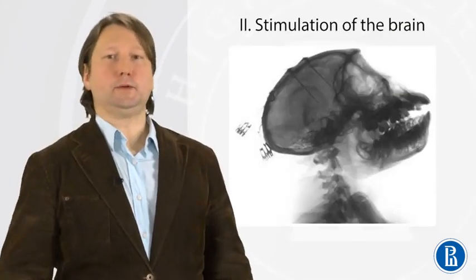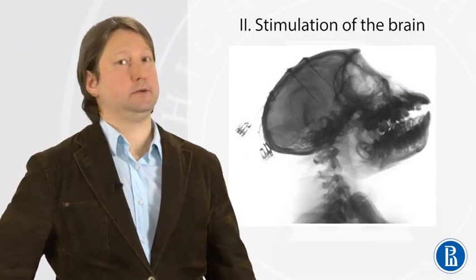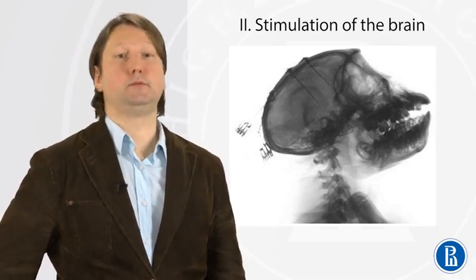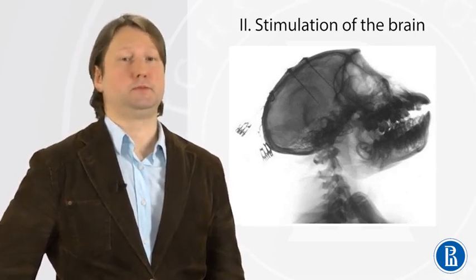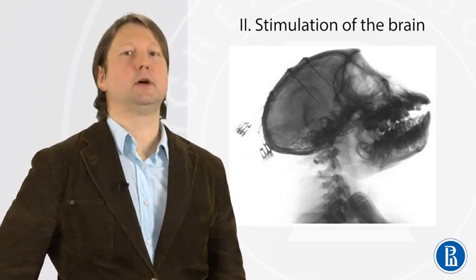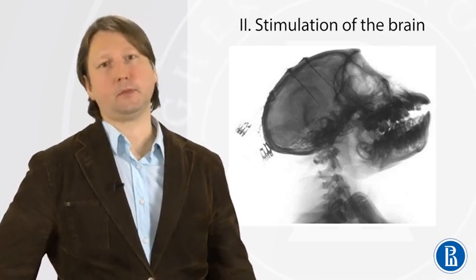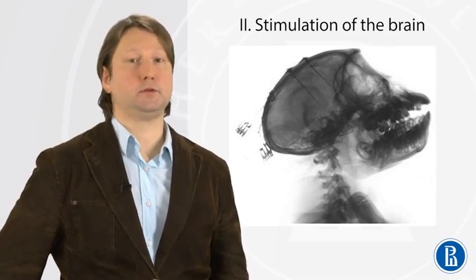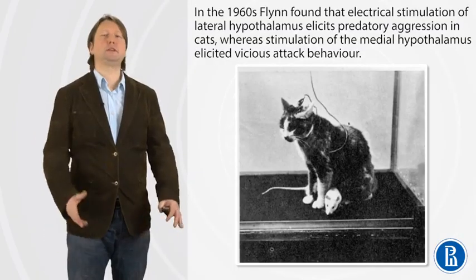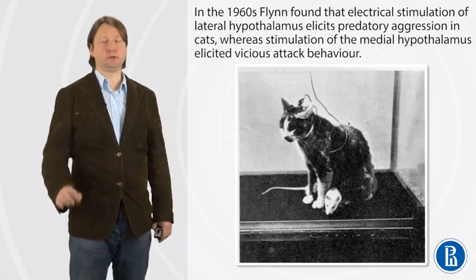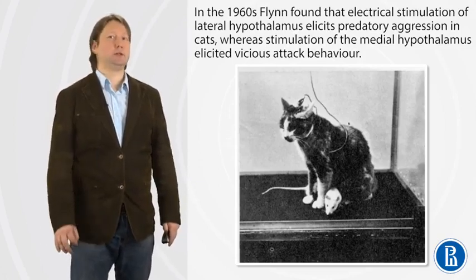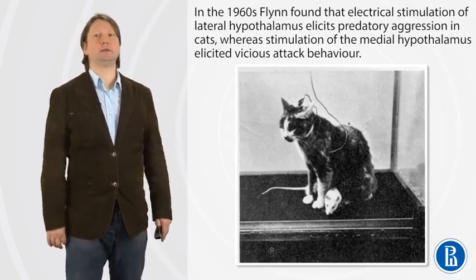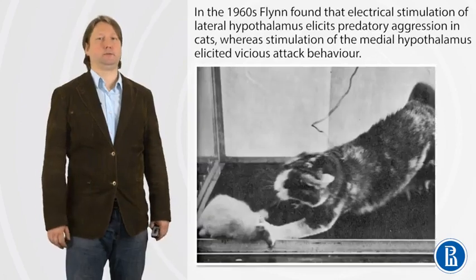Another way to investigate the activity of certain brain regions is the stimulation of these regions. There is a long history of studies that investigated the effects of brain stimulation. For a long time, we have known that if we stimulate certain brain regions, especially in the hypothalamus, we can trigger aggressive behavior.